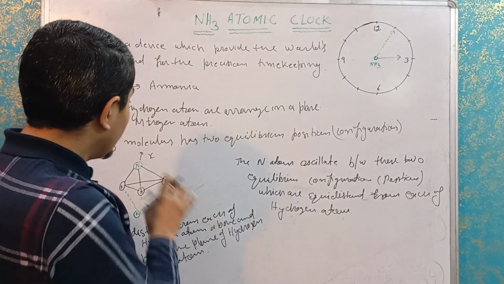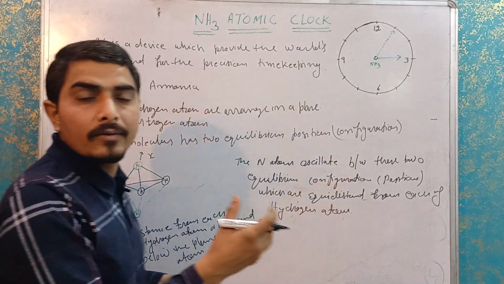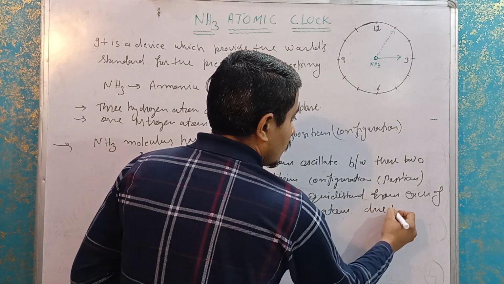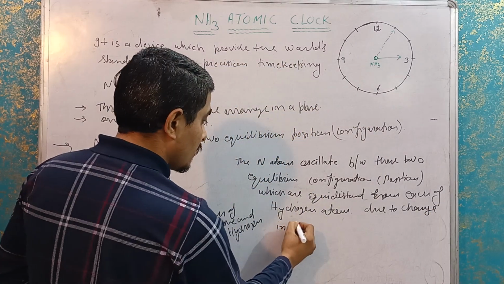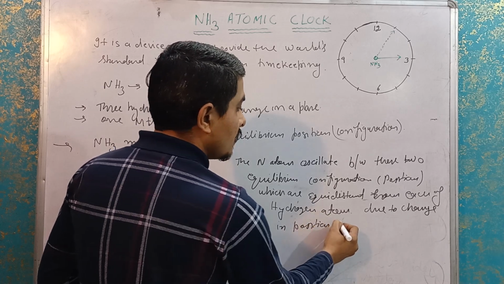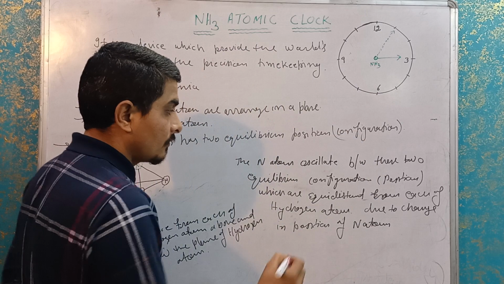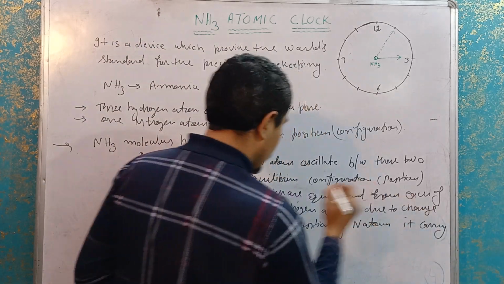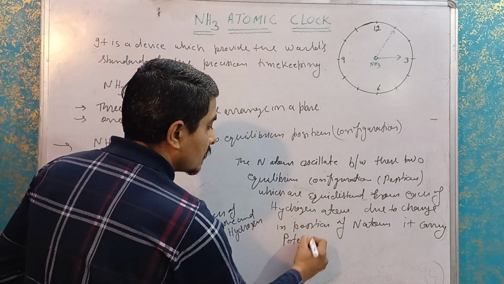Understand? So, due to the change in the position of the nitrogen atom, there is an energy. That energy is known as potential energy. Due to the change in the position of the nitrogen atom, it carries potential energy.